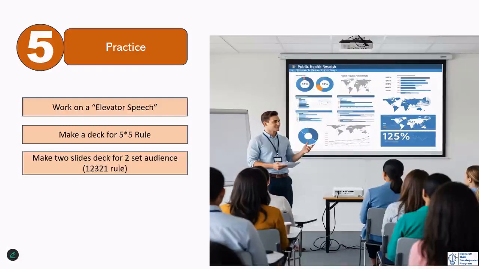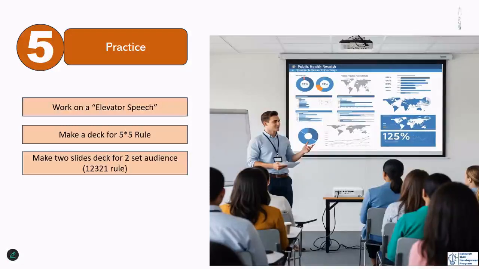Now, after that, the third level of practice is a rule I call the 1, 2, 3, 2, 1 rule. This is related to our Greek method of presentation, because it has 5 major sections that you need to put in your presentation.